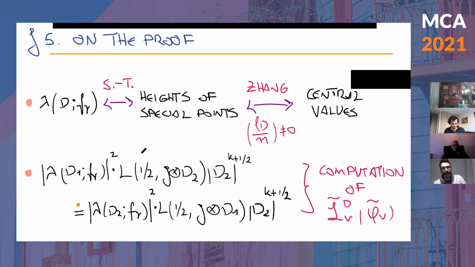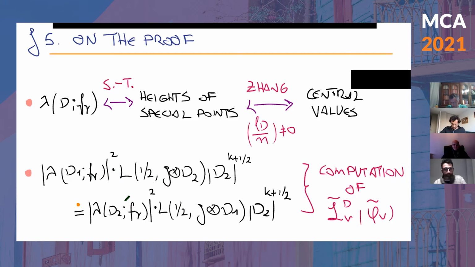Once we obtain a formula like this, we are able to prove the formula for D2 as long as we prove it for D1, and as long as D1 is prime to the level, the formula holds. So this allows us to obtain the formula for D2.